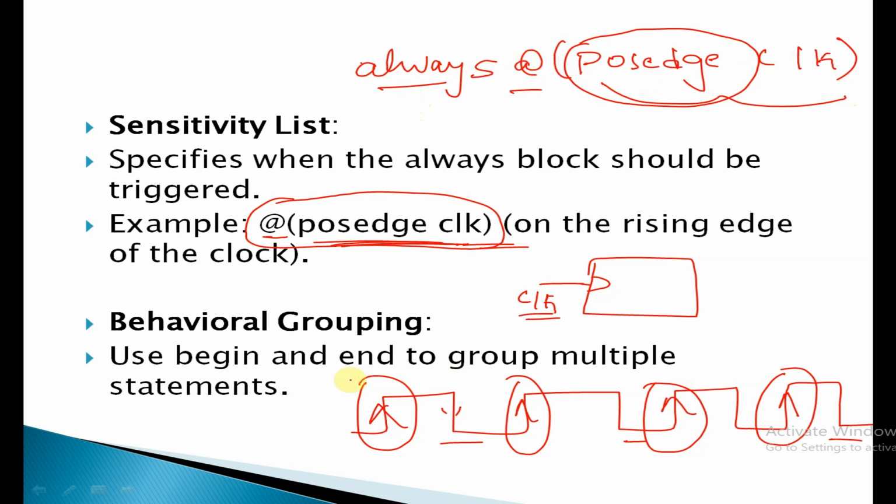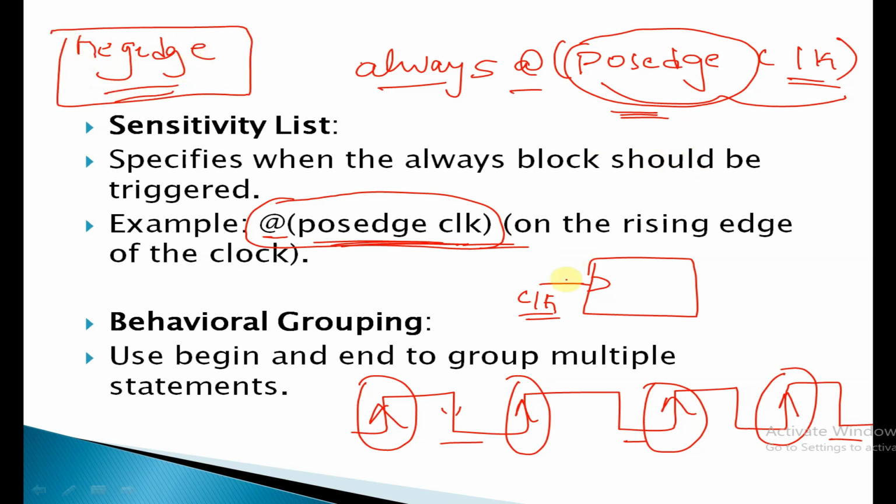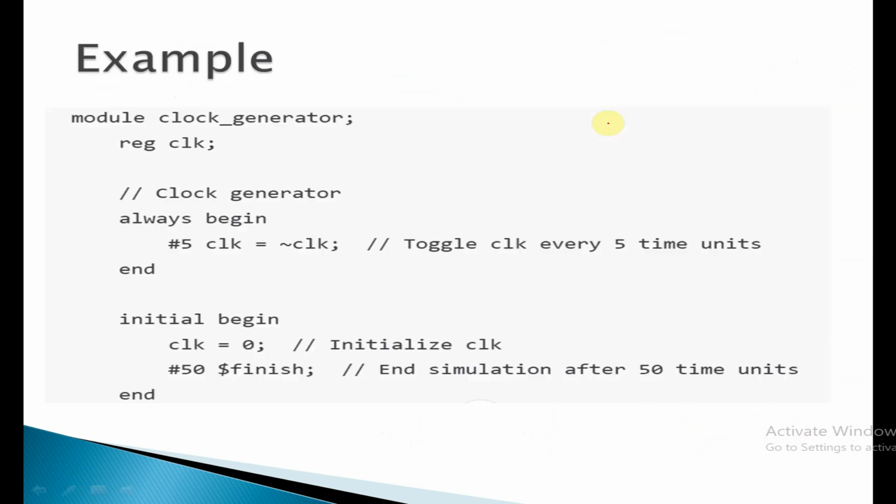Posedge means the particular always block will be triggered only at the positive edge of the clock. And there is one more thing known as negedge, which will work only on the negative edge of the clock. So this is positive edge and negative edge.